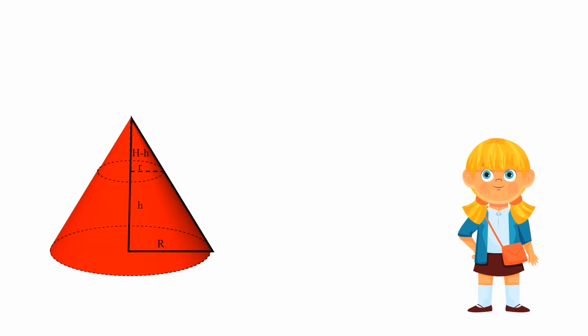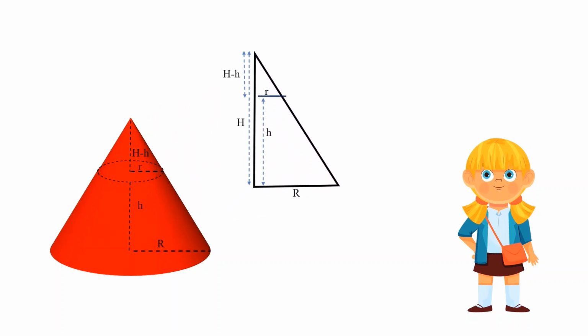Now we will take this right angle triangle to find the value of capital H in terms of the other dimensions. Here we can see the smaller triangle and the largest triangle are similar to each other.